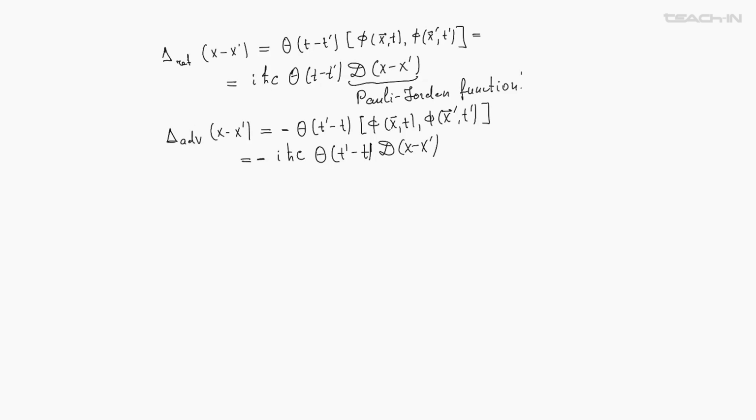Showing that this is indeed the case can be done in different ways. The simplest way is probably to take delta retarded and act on it with the Klein-Gordon operator, and then use the fact that the field phi at x, t solves the Klein-Gordon equation. So let's see how it works.